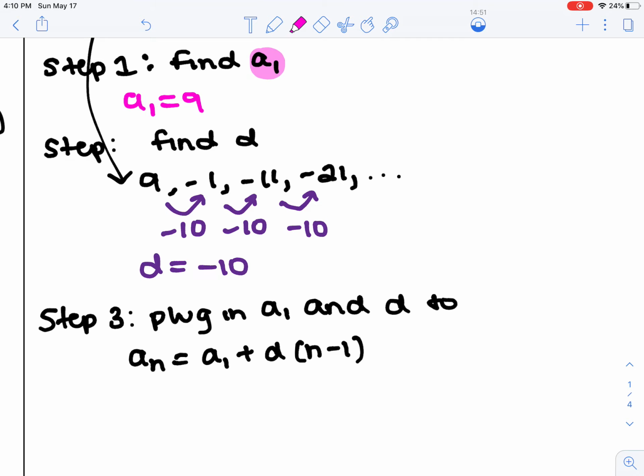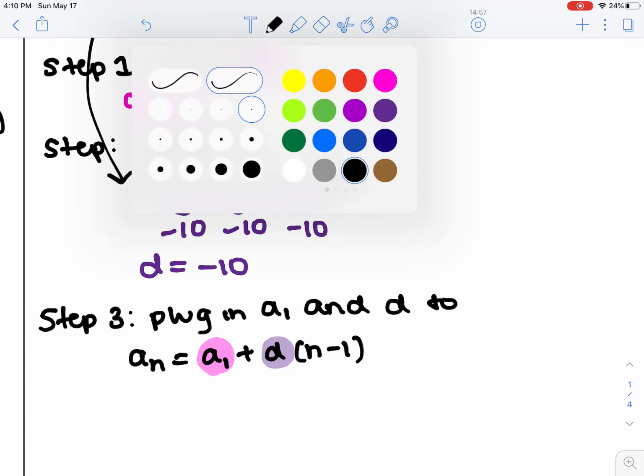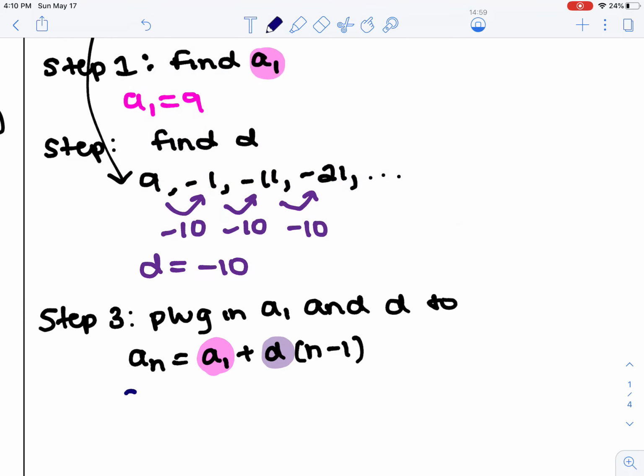So we're just going to substitute in our a sub 1 value as well as our common difference value. In doing that, we find that a sub n equals 9. Here we have a subtraction, because our common difference is actually negative, so minus 10 times n minus 1.